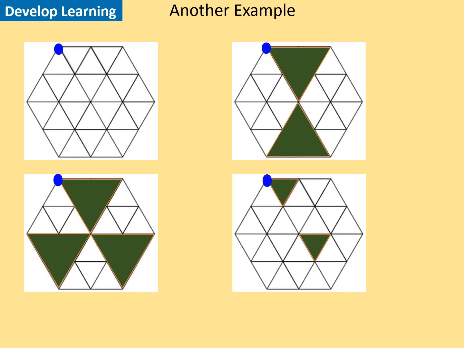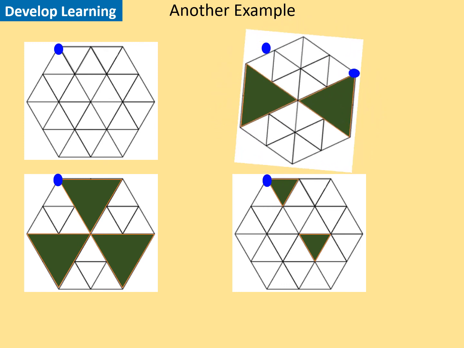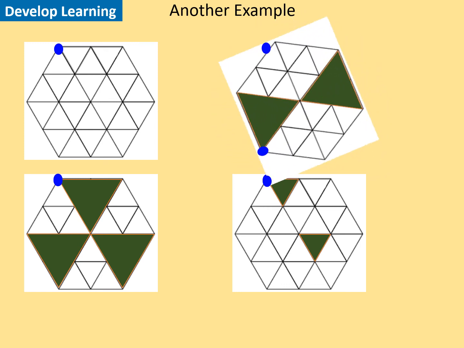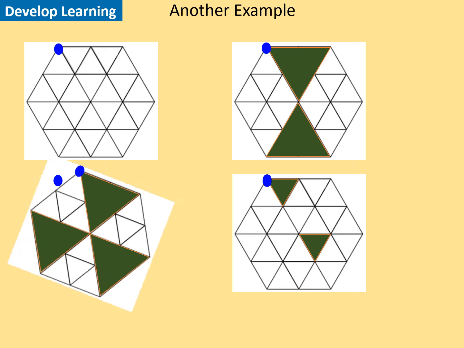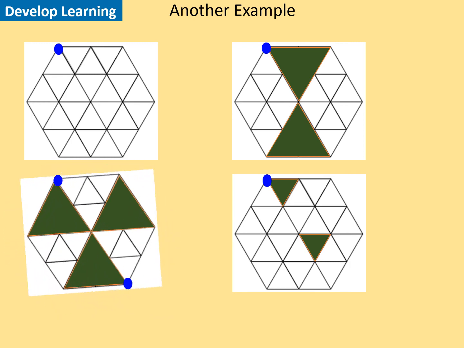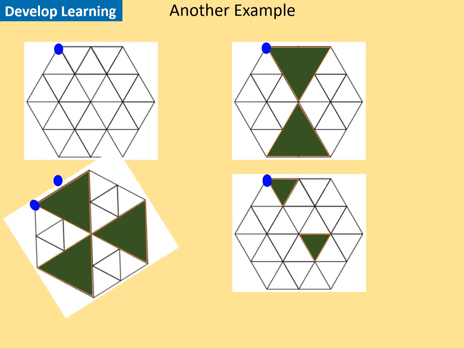Now let's look at the second shape. Once, twice. So now that we have seen in this particular shape how many times it fits into itself, we know if it's shaded like this, this will have an order of rotational symmetry of 2. Here's the third example. 1, 2, 3.